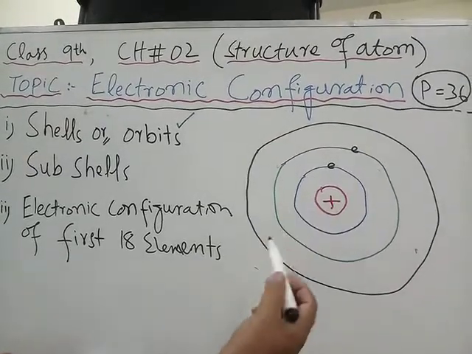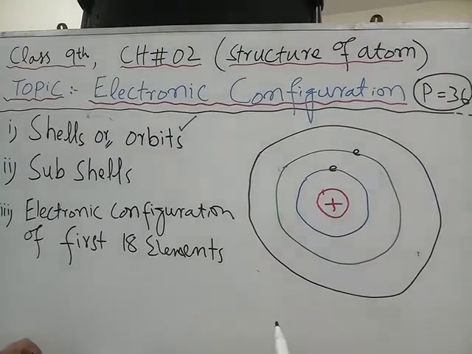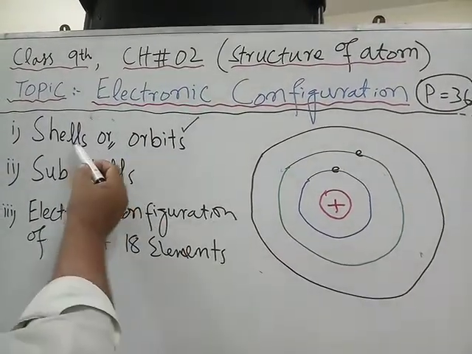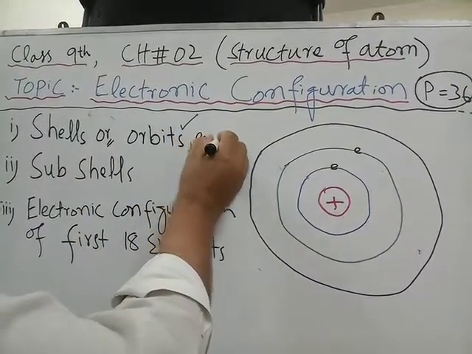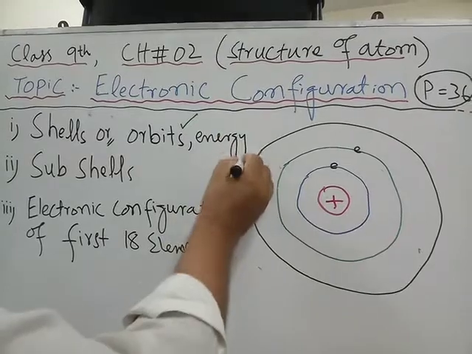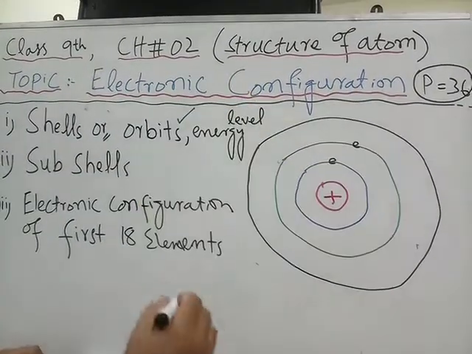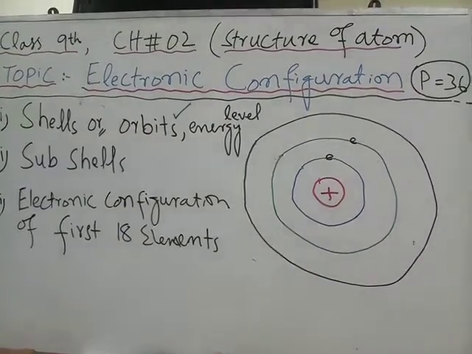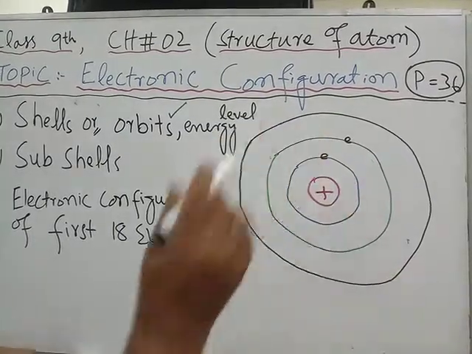The energy of an electron inside any shell is constant, I mean fixed. That's why each shell or orbit is also called an energy level. Why is it called so? Because the energy of each electron is fixed or constant as long as that electron remains in a particular orbit.